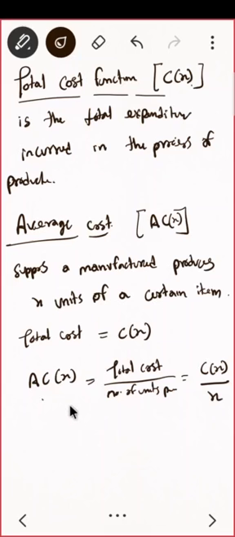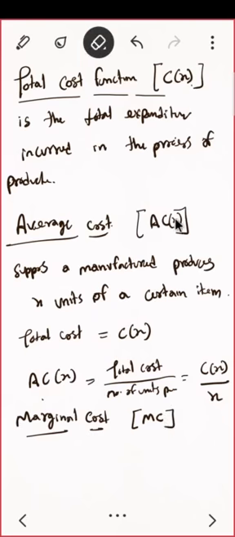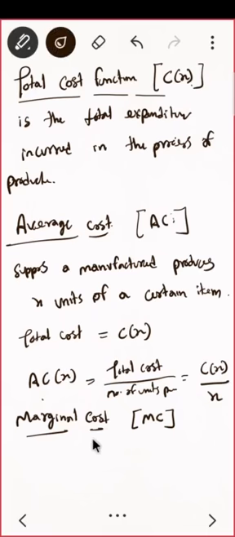One more is marginal cost. Okay, this is the average. So next is marginal cost. You remember one thing, whenever you get the word marginal, understand that we are talking about a derivative. Marginal cost is denoted by MC. Even if you just write AC, it is fine. You don't have to write AC of X. If you just write AC, it is understood that we are talking about average cost. And marginal cost, I already told you, is a derivative. So it will be what?